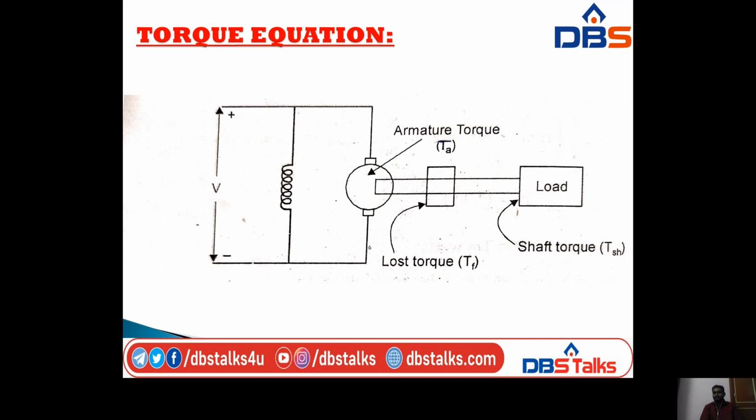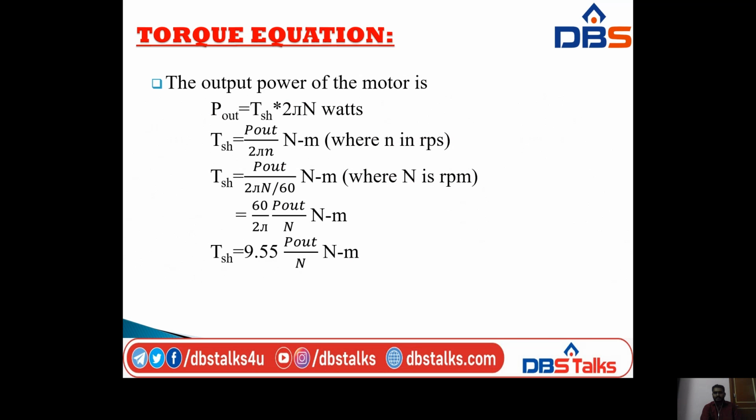It is connected to the load. From this I am writing the output power of the motor, Pout is equal to τsh into 2πN, where τsh is the shaft torque. Pout is equal to τsh into 2πN watts. So from this I am writing τsh is equal to Pout by 2πN.